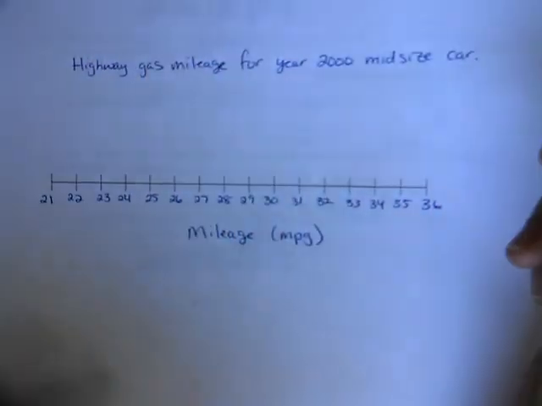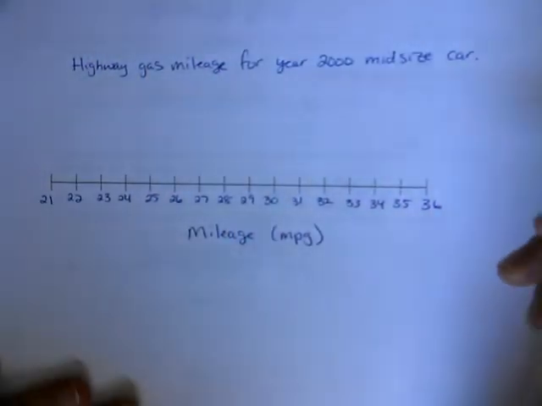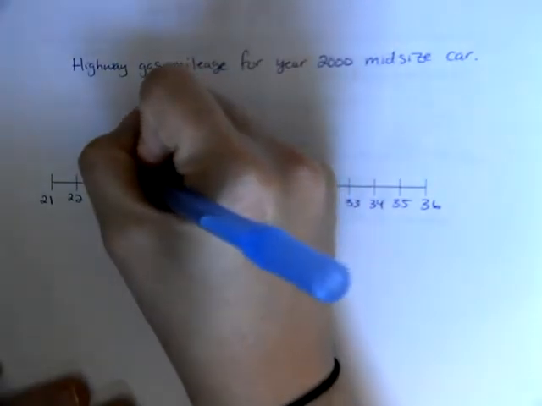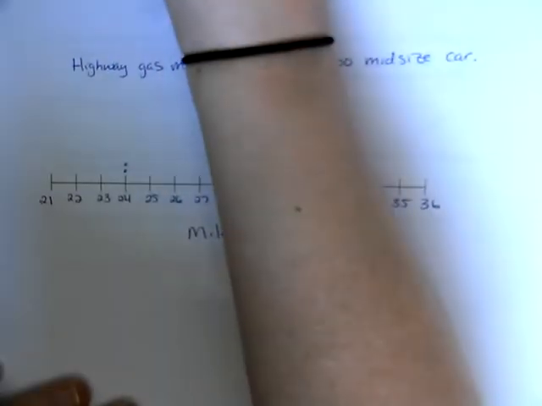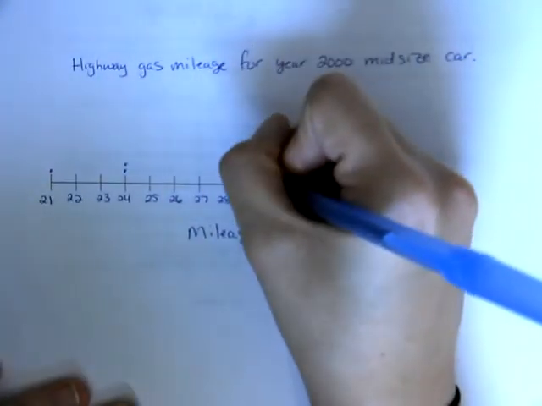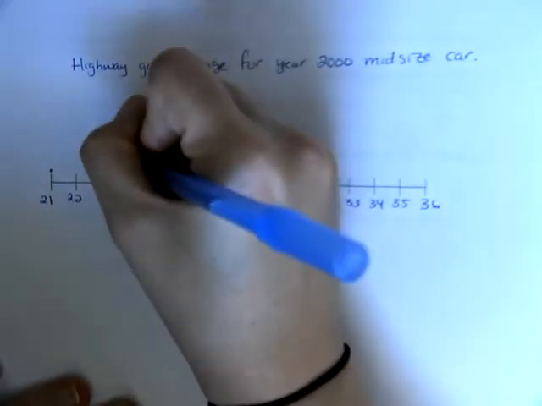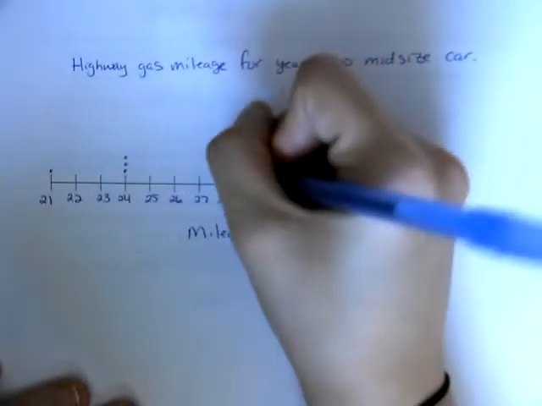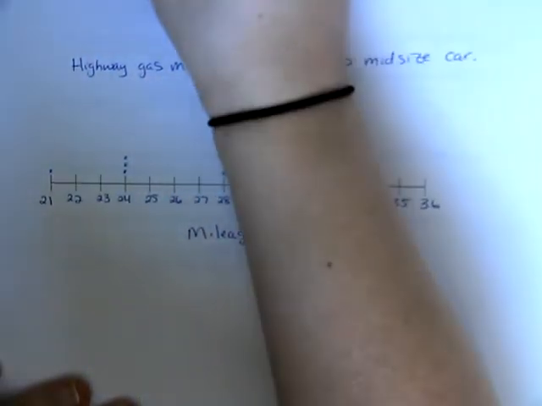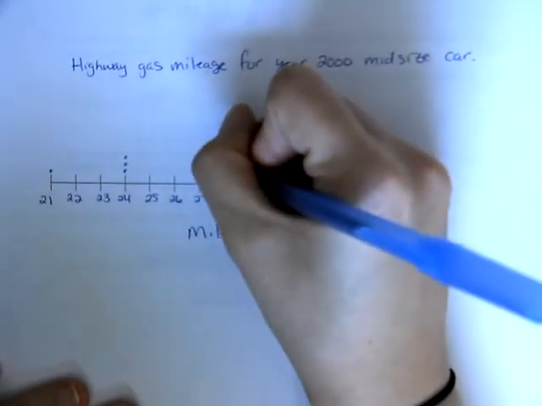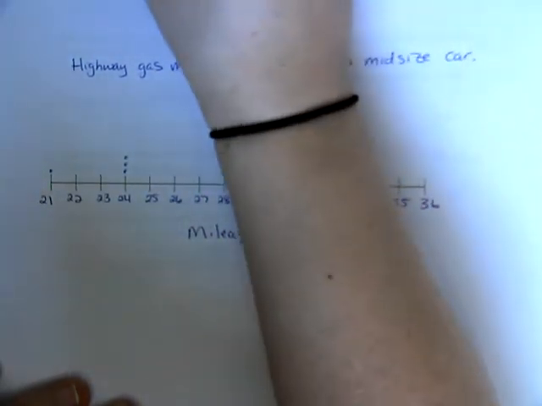So just kind of go through the table yourself and put a dot on each one. Again, evenly spacing them. I kind of cross them out as I go. And then you can kind of see where the most frequent ends up. And we'll do more with this stuff as we go through the year.